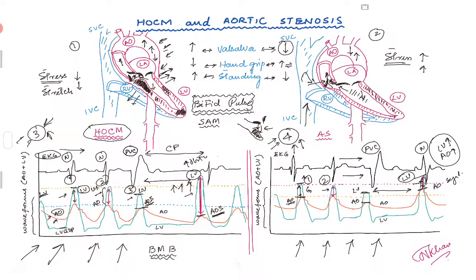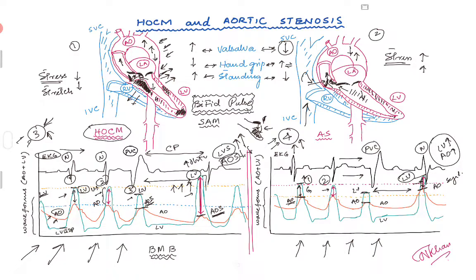In this case, as compared to aortic stenosis, LV systolic pressure will go up significantly, and the aortic systolic pressure will go down. Compare that with aortic stenosis, where LV pressure goes up, the aortic pressure goes up as well, and the gradient between them stays the same.